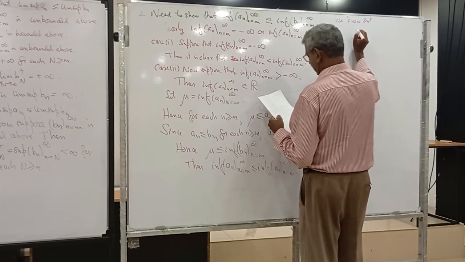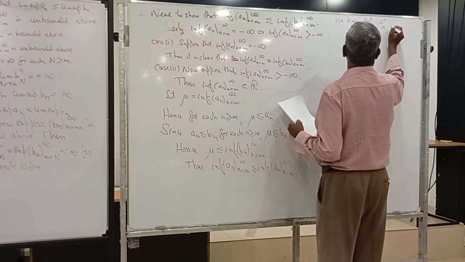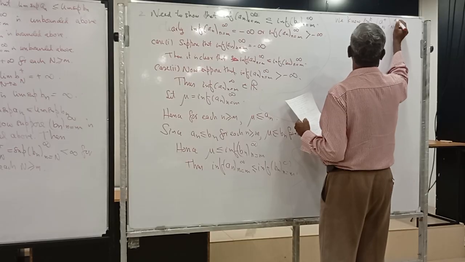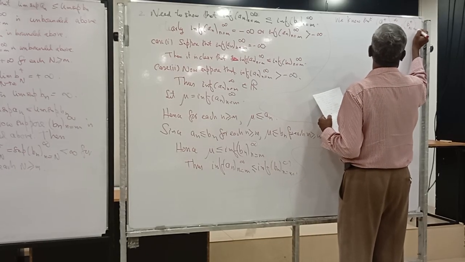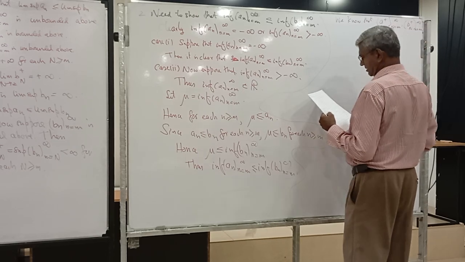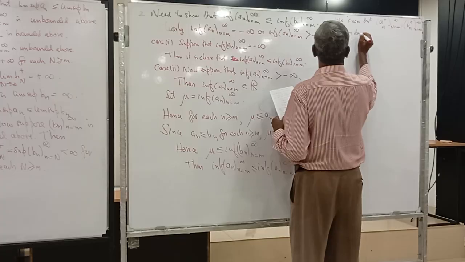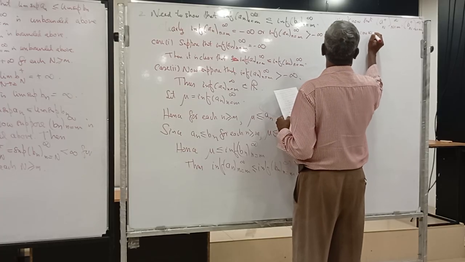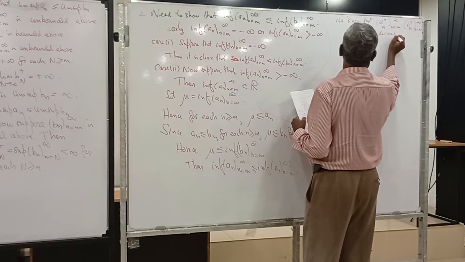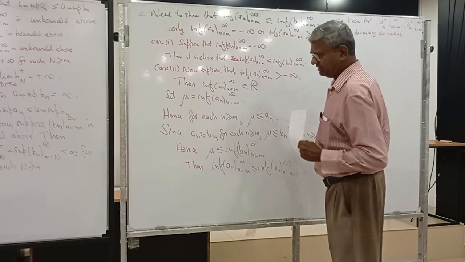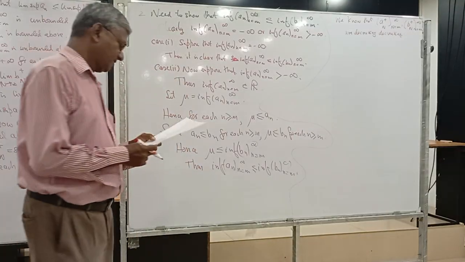We know that An plus and Bn plus are decreasing sequences.